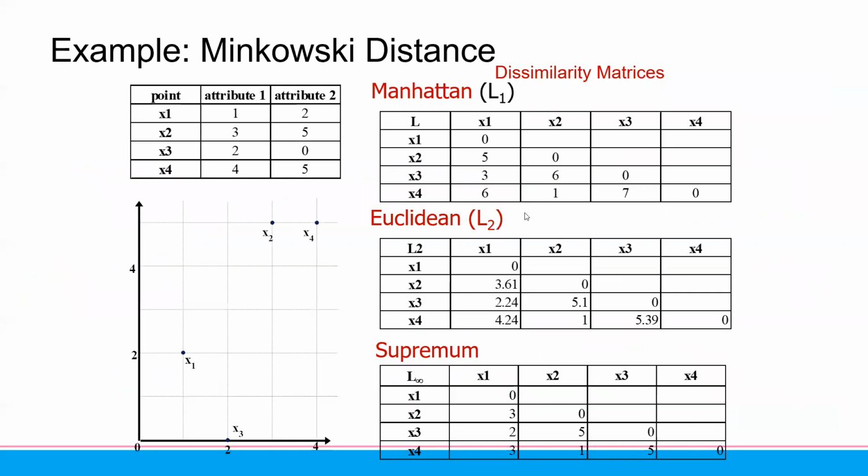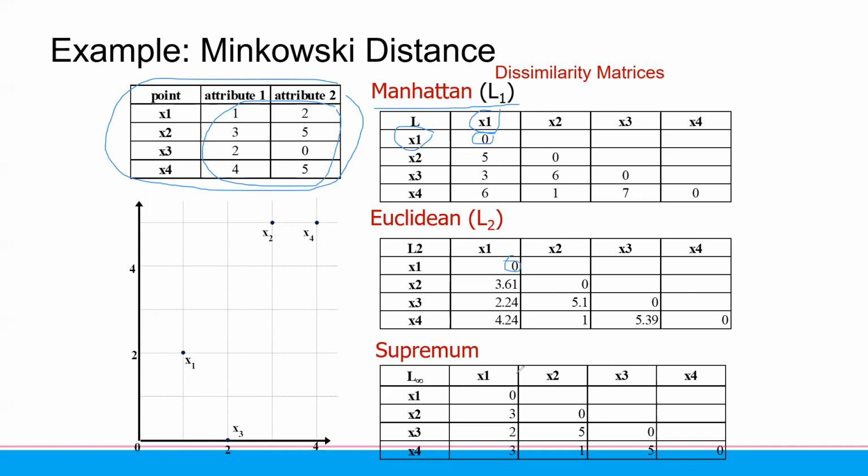So let's see, this is the Minkowski distance. We have this attribute, and we have these points: x1, x2, x3, x4, with values like this. What is the result from the Manhattan distance? If we want to measure between x1 and x1, then the distance is 0.